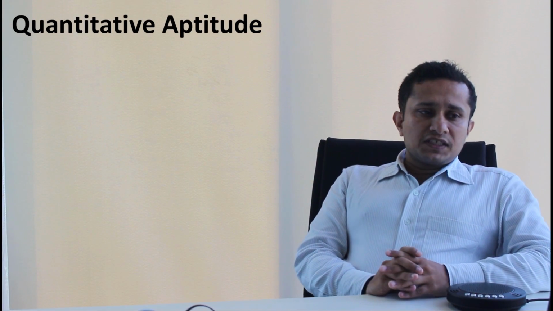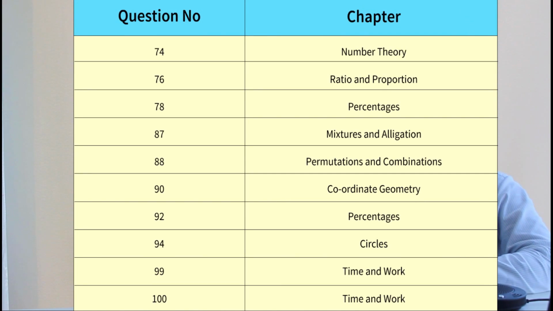So you had a chunk at questions 74, 76 and 78 from number theory, percentages and ratio proportion. All 3 of them were reasonably easy, definitely should have been attempted. Then there was another chunk from 87 to 94: questions 87, 88, 90, 92 and 94.